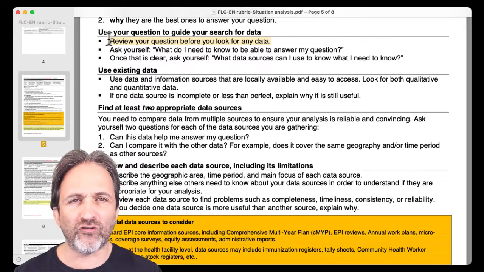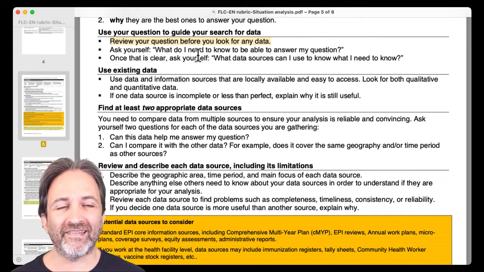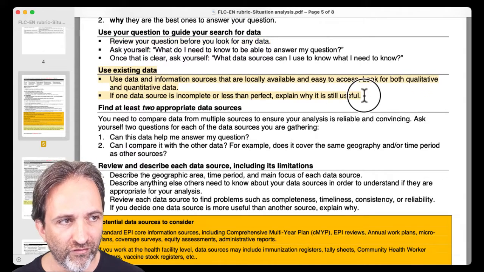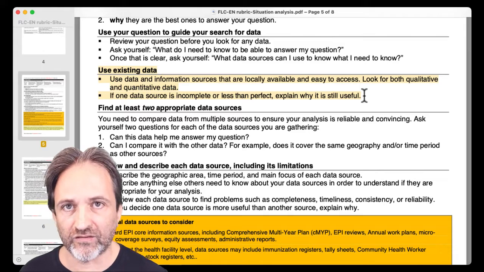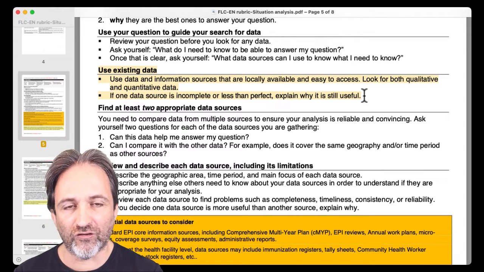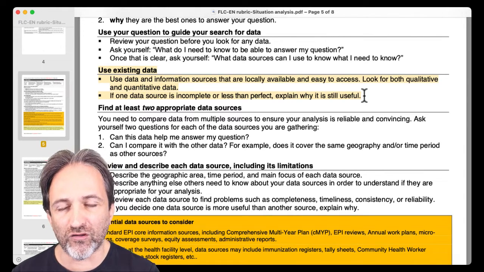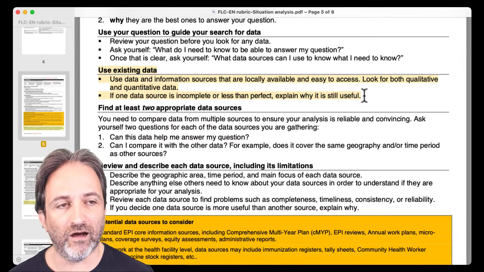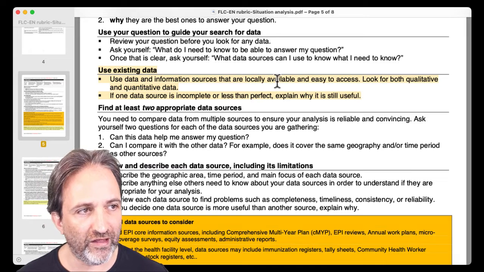You may know sort of what you have on the shelf, but the point of this section is not to show us everything you have on the shelf. It is to tell us what, from what you have available, from what you have access to, you are going to pull in that can help you with your situation analysis.